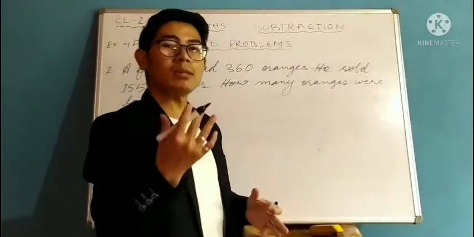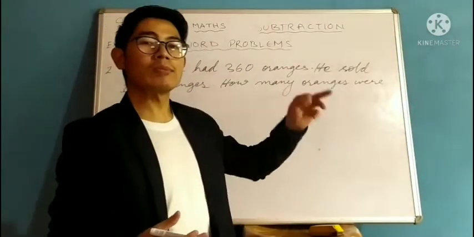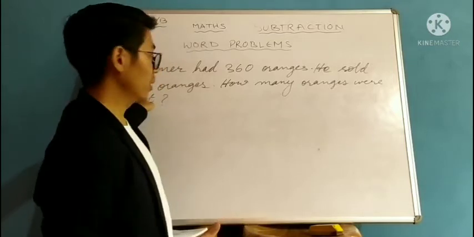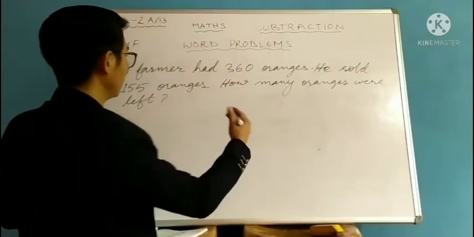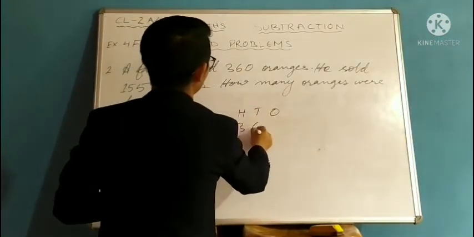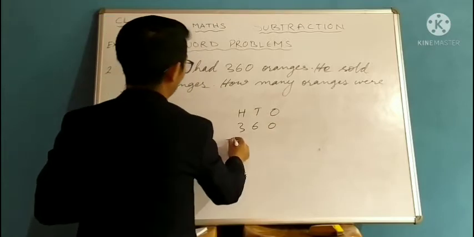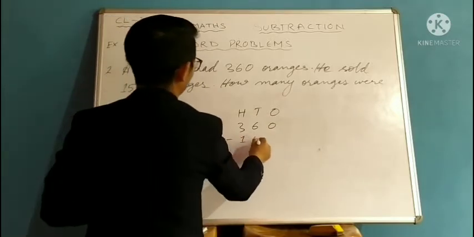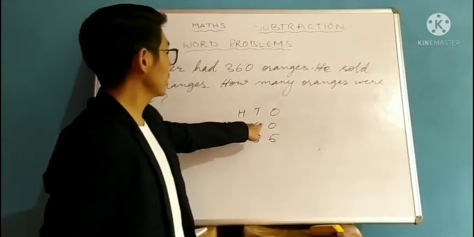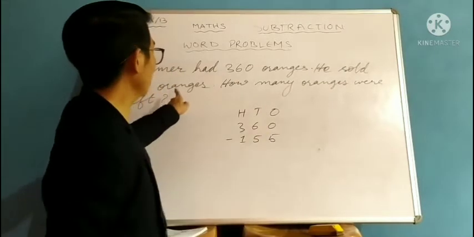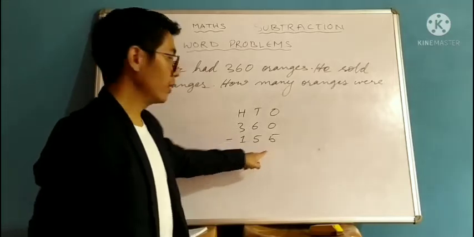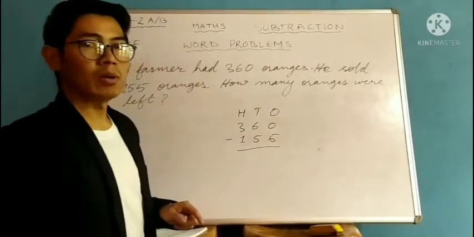By now it is very clear to you that you always subtract the smaller number from the bigger number, right? So you always write the bigger number at the top. So it is 360 minus 155.